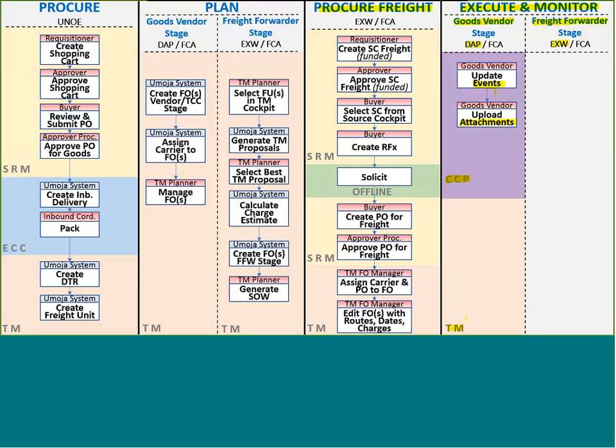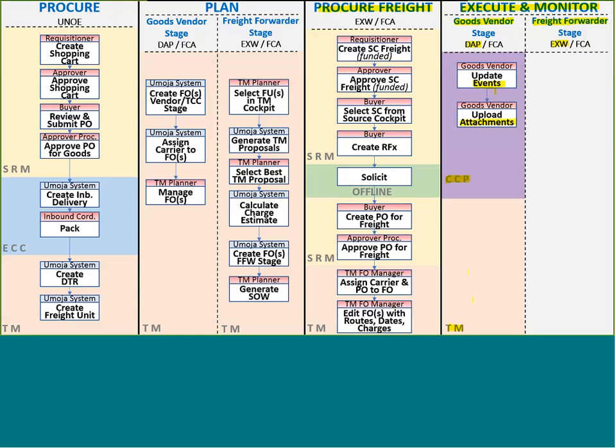So if we are a planner, or if we are an FO manager and we want to see the events submitted by the vendor, or if, for example, the vendor cannot submit the events, we can still do it on behalf of the vendor directly in TM.